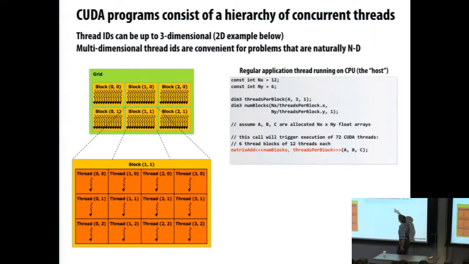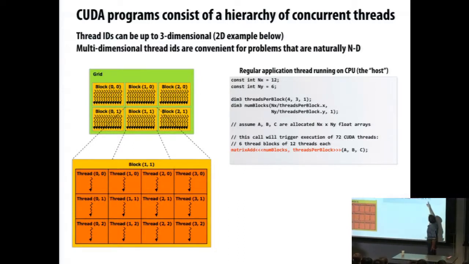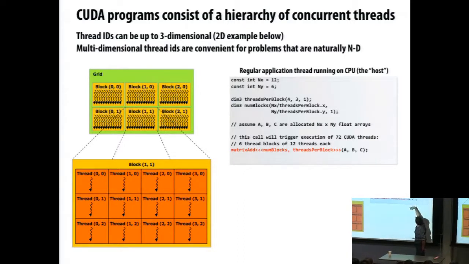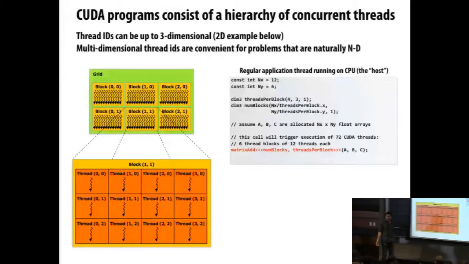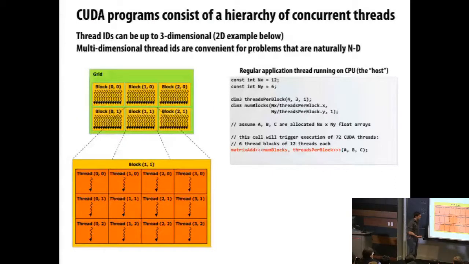This is saying I want you to run that kernel on these arguments, A, B, and C, which are just normal C arrays. And I want you to do it over this many blocks with this many threads per block. You can think about this as just the number n, except we're not going to specify it as a 1D number. We're going to specify it as a multi-dimensional number, because it can be convenient for things like image processing and ND array codes, which GPUs are particularly helpful for.